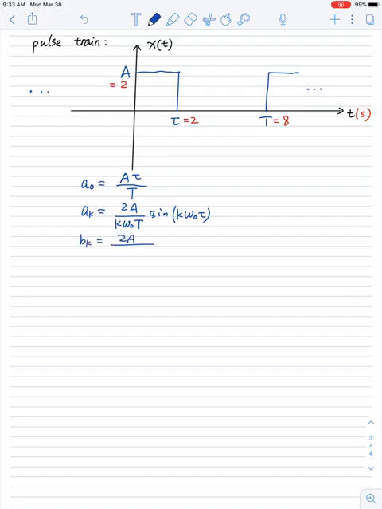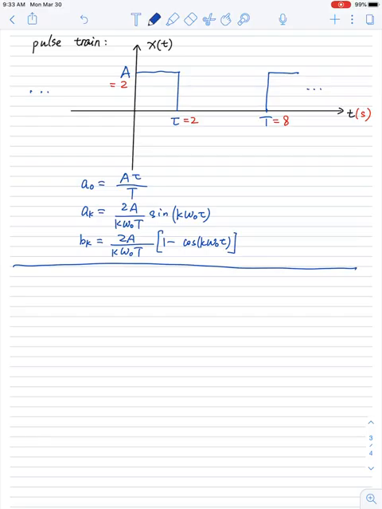And BK is equal to 2A K omega 0 T 1 minus cosine K omega 0 tau. So this is the coefficient of sine cosine representation that we obtained in our earlier lecture.